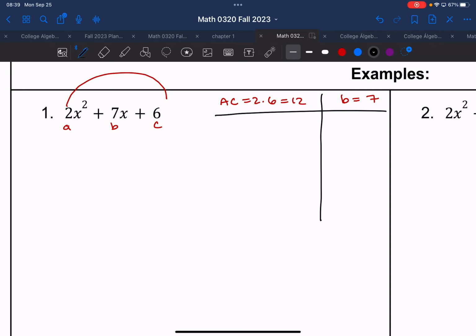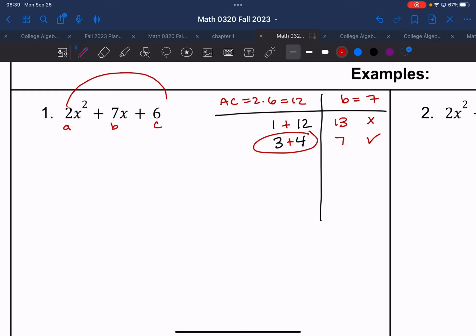So first let's just list those factors of 12. We have 1 times 12. What else do we have? And 3 times 4. So just checking those two factors, if I add 1 and 12, that will give me 13, which is not 7. But if I add 3 and 4, that gives me 7. So that means the factors I'm going to be using in this problem are 3 and 4.